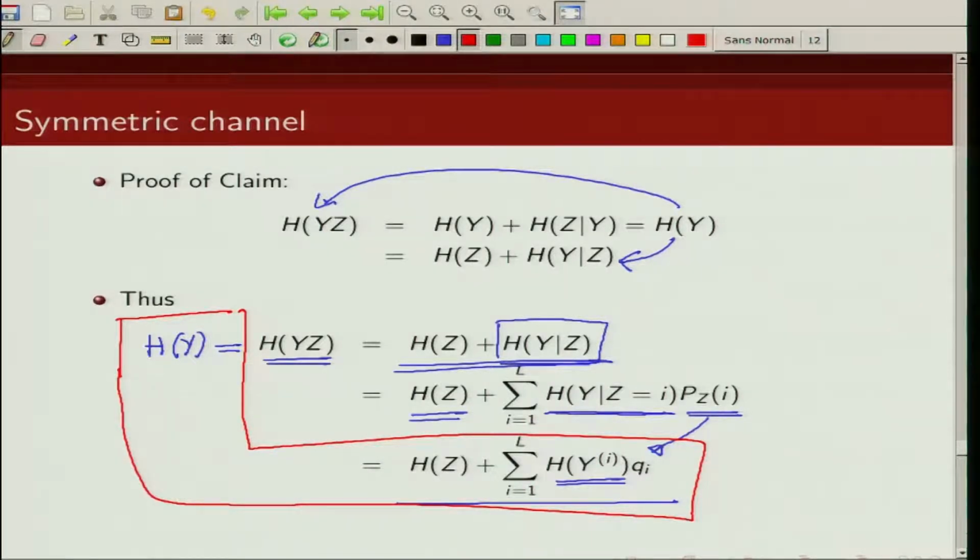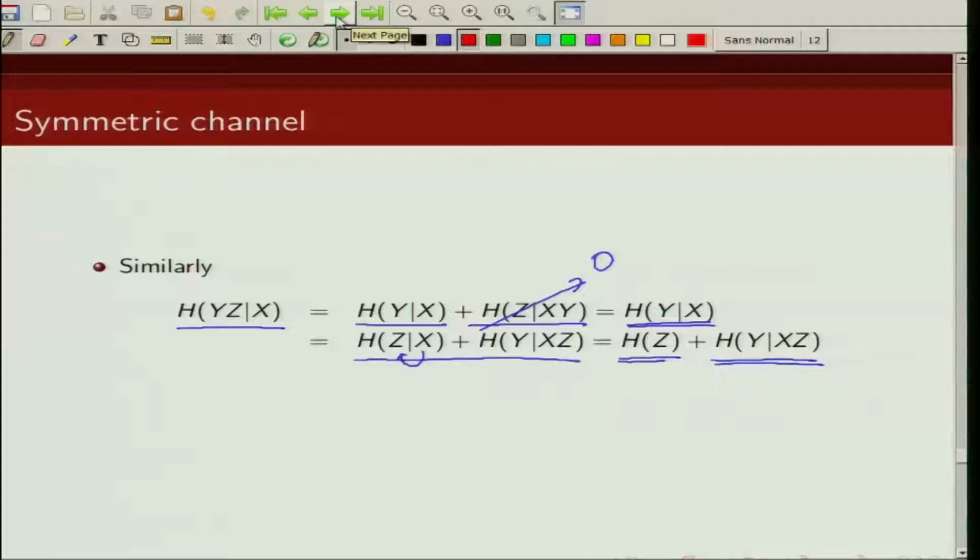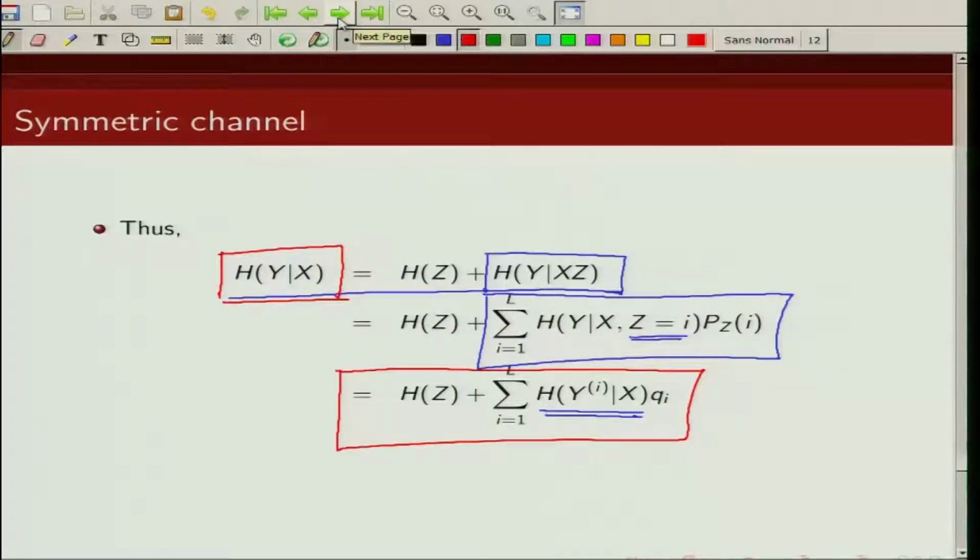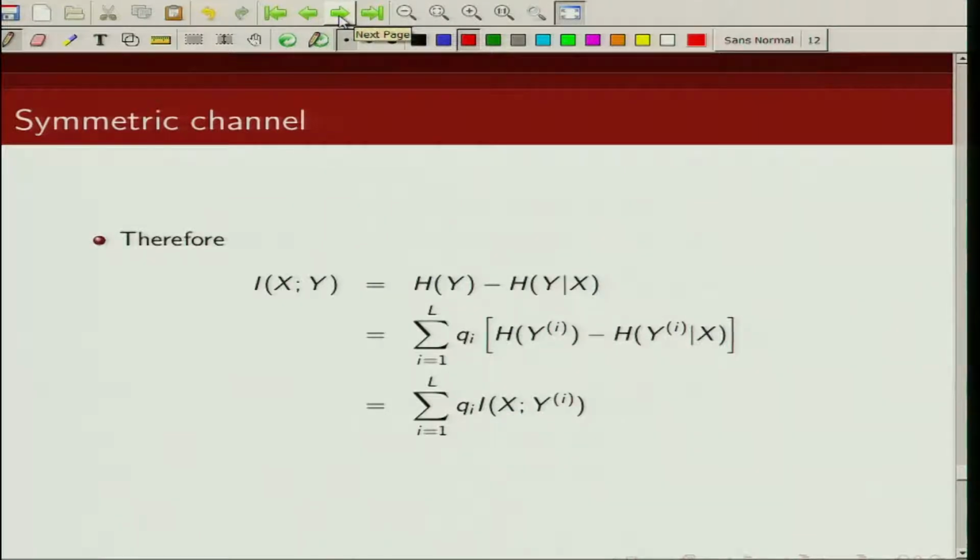Right. So, mutual information is maximizing h of y minus h of y given x, maximizing over all input distributions. So, if I subtract h of y given x from this, h of z is common in both of them, so that gets cancelled out. What is left is this particular term. Now, what is this?